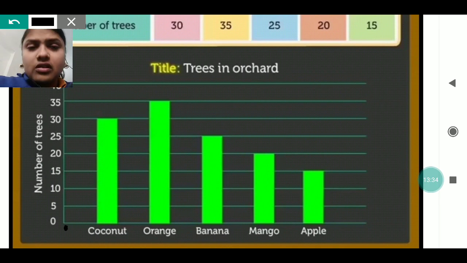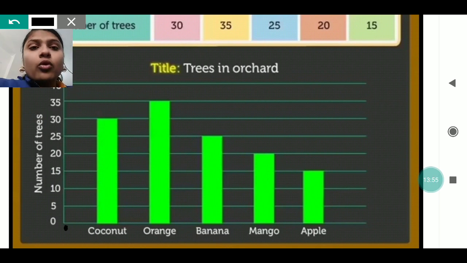It can be 1, 2, 3, it can be 10, 20, 30, it can be 200, 300 also. It depends on the difference from one to another. Here the difference between all the trees was 5 only, so I have taken the difference between one number and another as only 5.